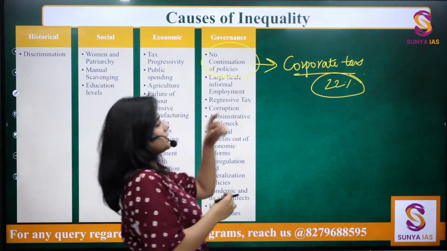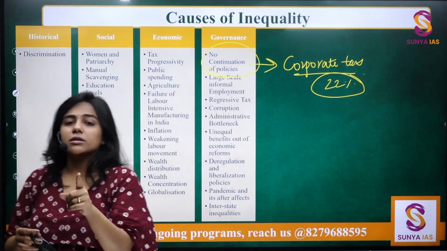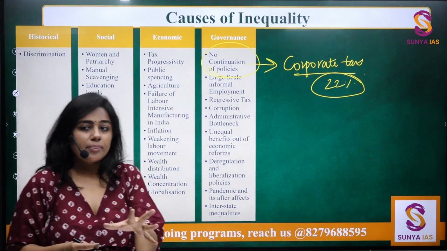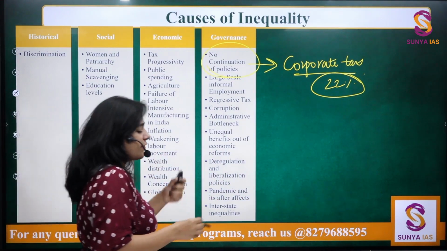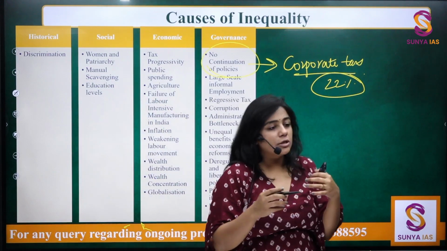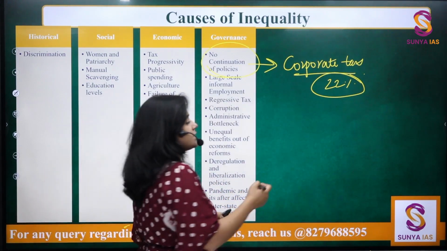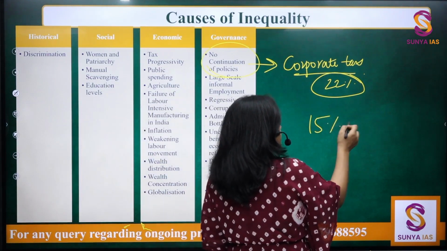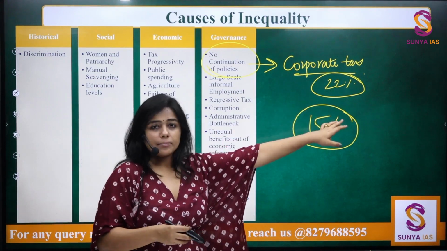This reduction has cost the exchequer, the government, heavily, but still it has happened, and it happened suddenly out of nowhere. And if we talk about the global regime, globally it is a 15% minimum tax that companies have to pay. We have kept it at 22%.